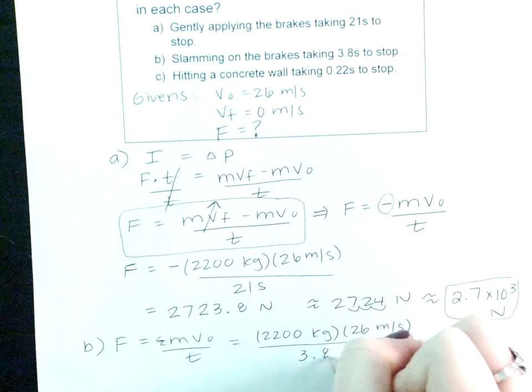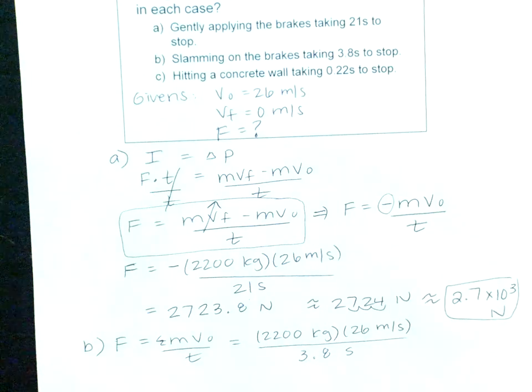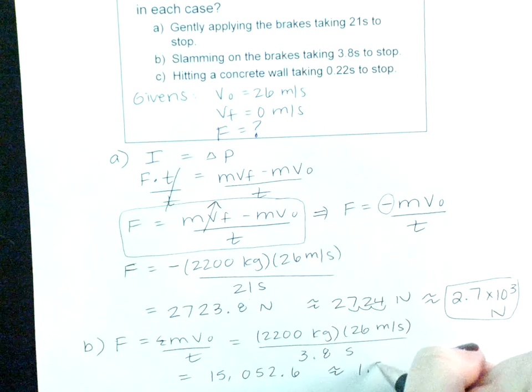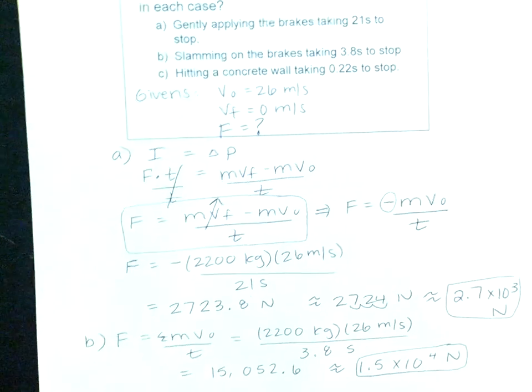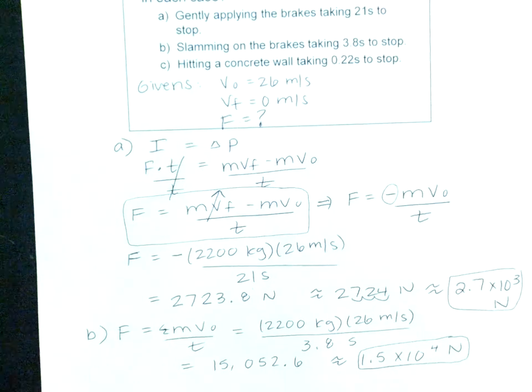Let's just confirm that using math. When you plug this in your calculator, you get 15,052.6, which is approximately 1.5 times 10 to the 4th newtons. So a much greater force to stop the same car in a smaller time period.